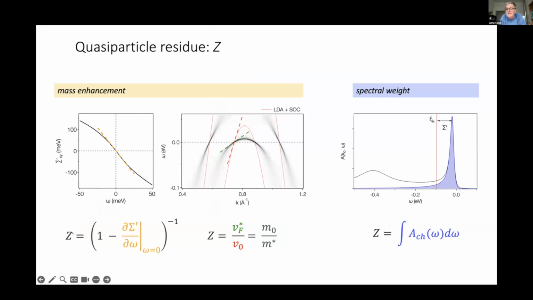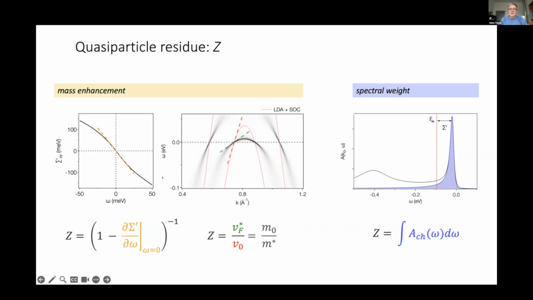The higher Z is, the weaker the interactions are; the more important interactions are, the smaller Z will be. This value also results in what is called the mass enhancement, the ratio between your Fermi velocity and the velocity in the non-interacting picture.